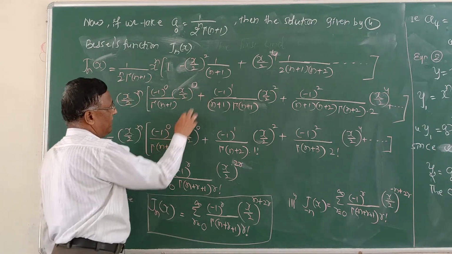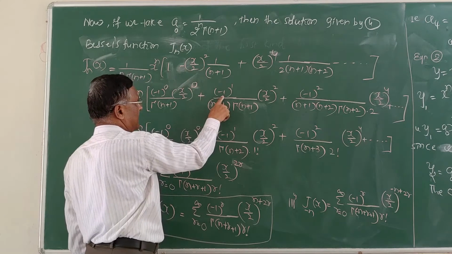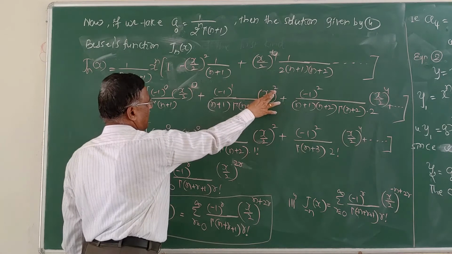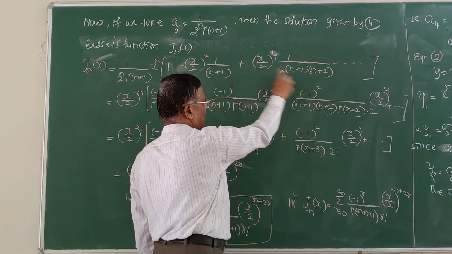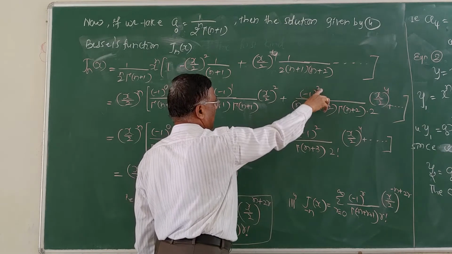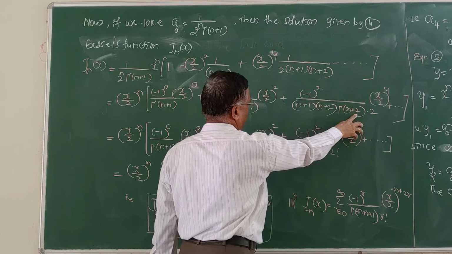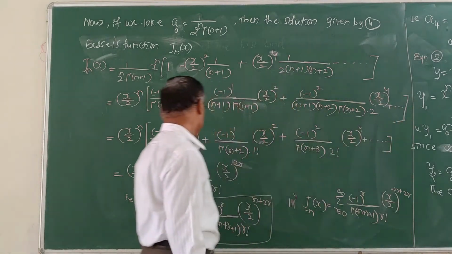plus, in the second term here a minus sign is there, therefore we can take it as minus 1 raised to 1 divided by n plus 1 into x by 2 raised to 2 into gamma n plus 1, plus the next term is positive, therefore we can take minus 1 raised to 2 divided by n plus 1 into n plus 2 into gamma n plus 2 into 2 into bracket x by 2 raised to 4, plus so on.